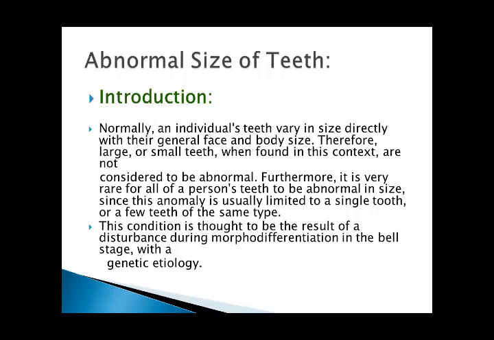Hence, this anomaly is usually limited to a single tooth or a few teeth of the same type. The condition is thought to be the result of a disturbance during morphodifferentiation in the bell stage, with a genetic etiology.